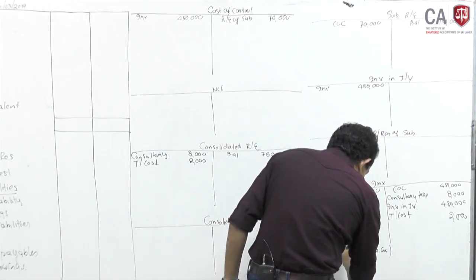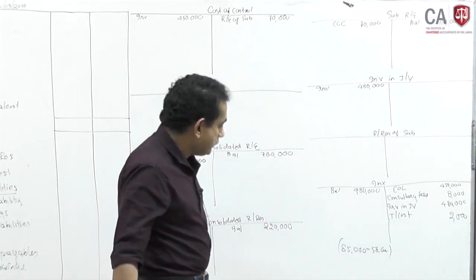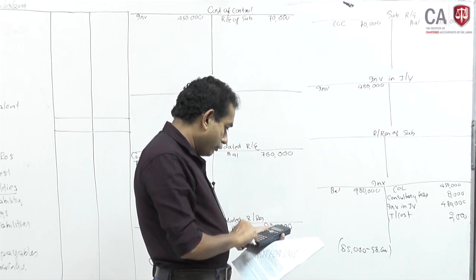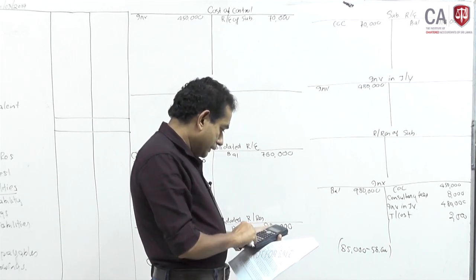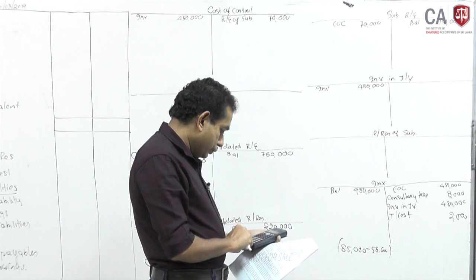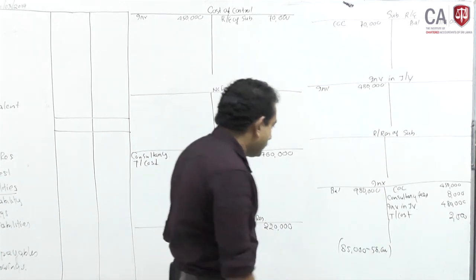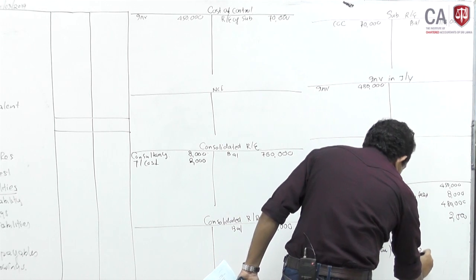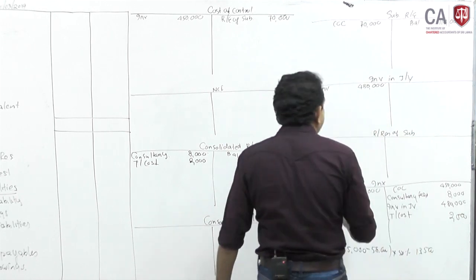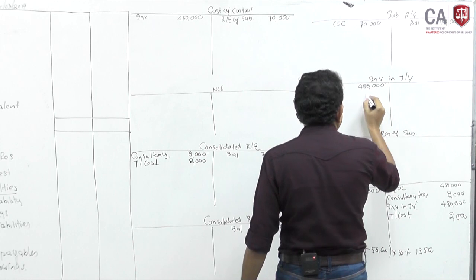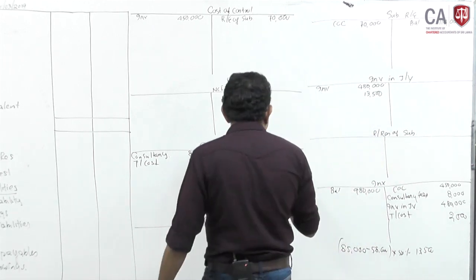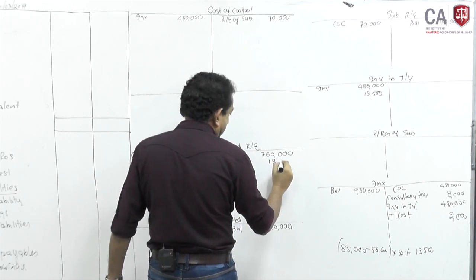So, for equity method of accounting, subsequent equity changes need to be recognized. 85,000 minus 58,000 into 50%, 13,500. 13,500 will debit to investment in joint venture and will credit to consolidated retained earnings 13,500.